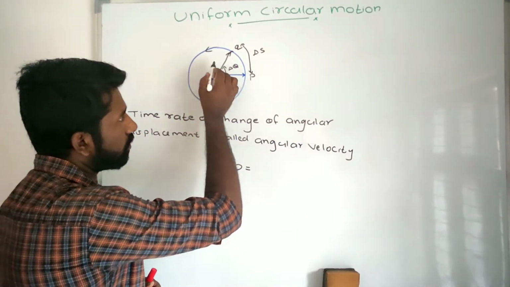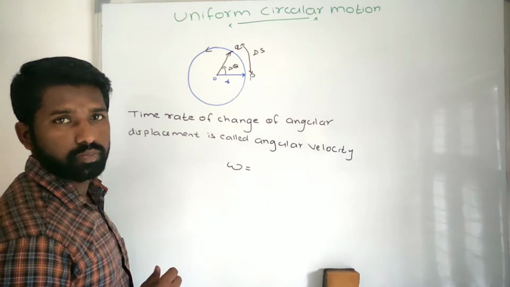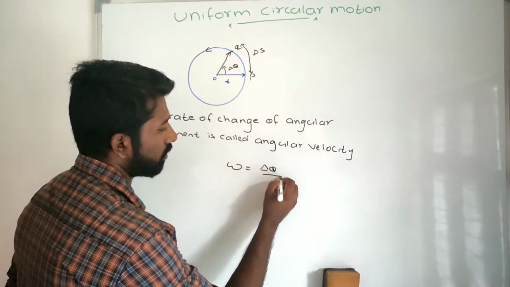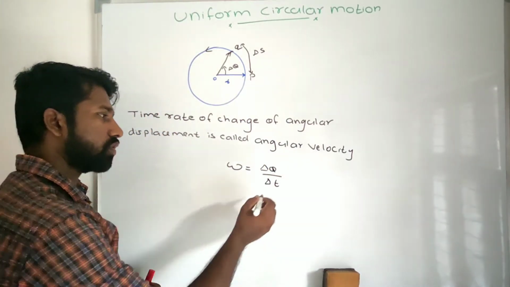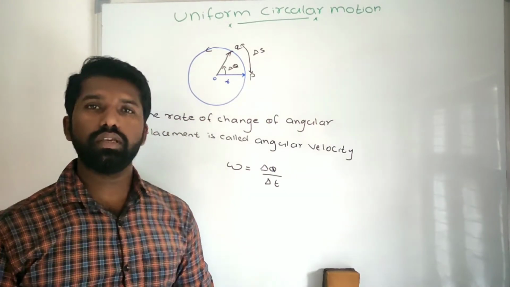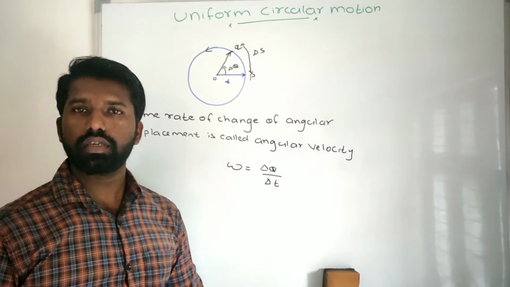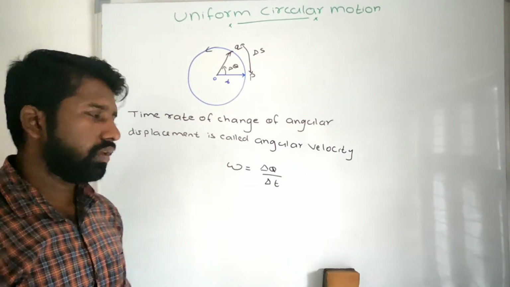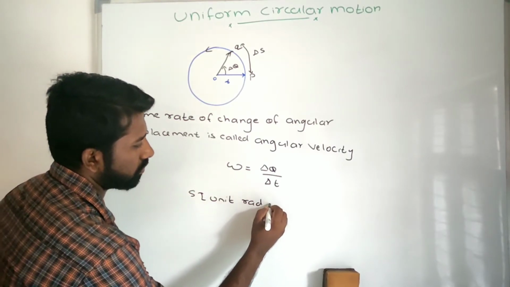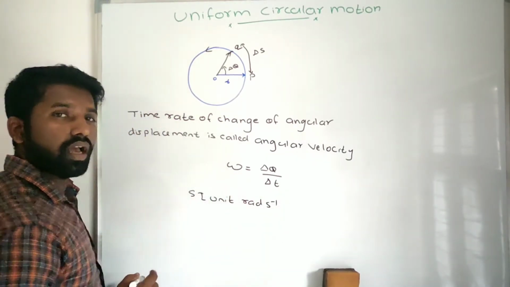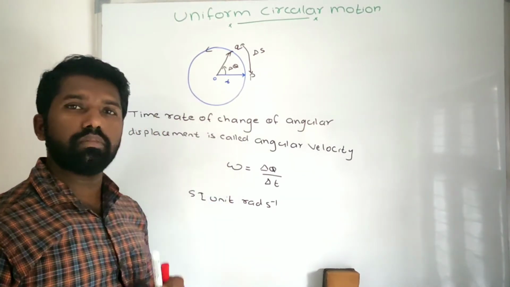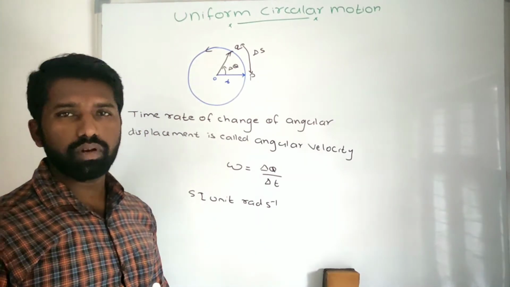Here, delta theta is the angular displacement in delta t time, so omega is equal to delta theta divided by delta t. Its SI unit is radian per second. This is the average angular velocity because it is measured over a particular interval of time.